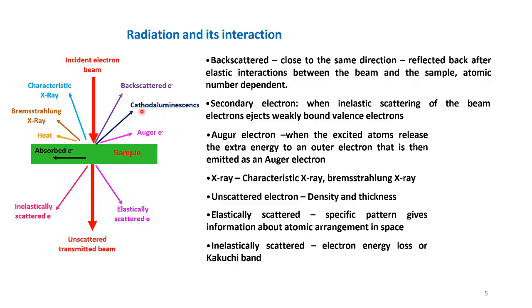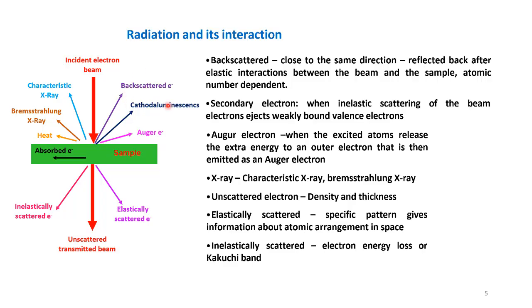The backscattered electron means it is very close to the direction of the incident beam, and it is the radiation which is getting reflected back from the sample after elastic interaction. So there is no energy change as such, and it depends upon the atomic number.